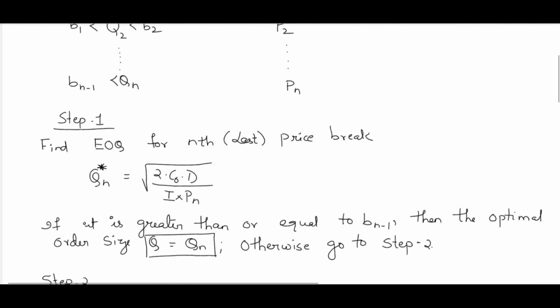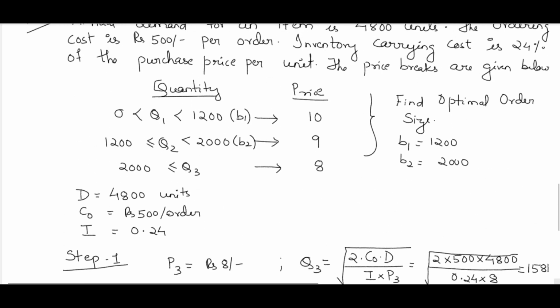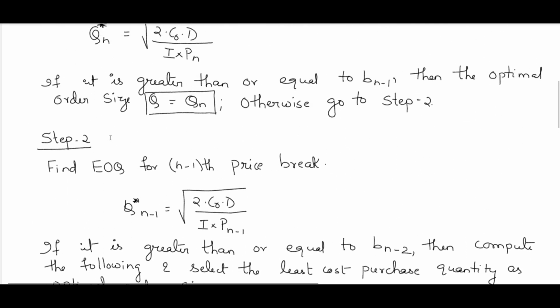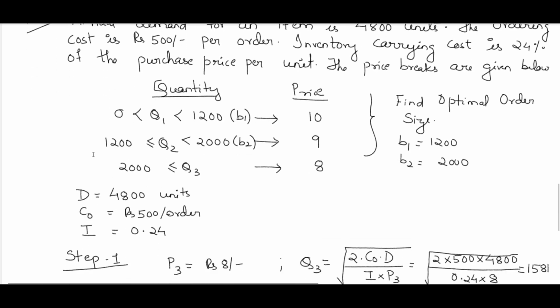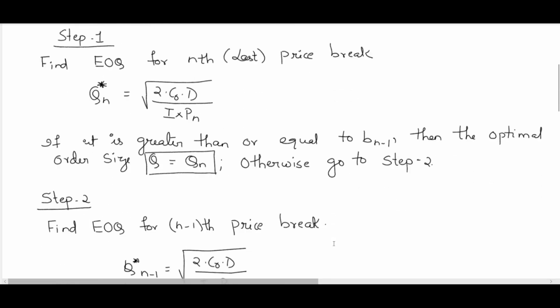First step: if Qn star is greater than or equal to Bn minus 1, then that will be the optimum order size. But in this case, Q3 is not greater than B2, so this condition is not fulfilled and we have to go to step 2.